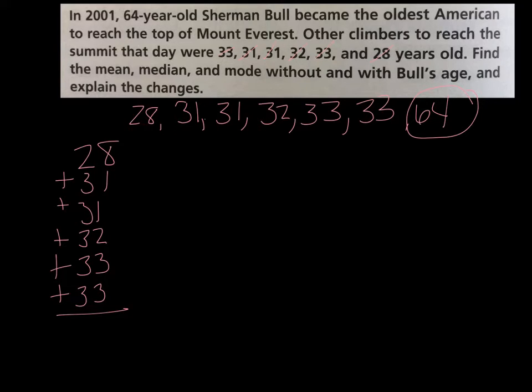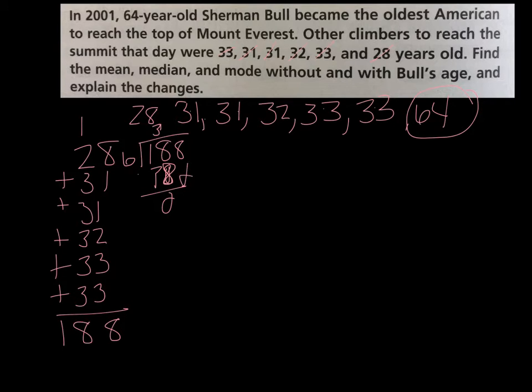the sum is 188. So if I took 188, divided it by 1, 2, 3, 4, 5, 6 numbers, that goes in there 3 times, minus 18, yikes.